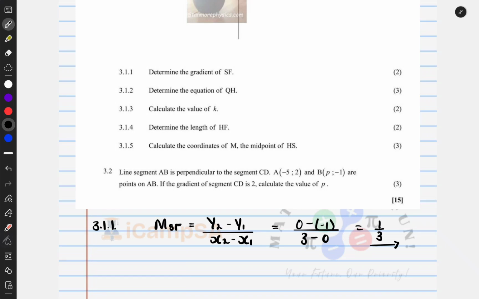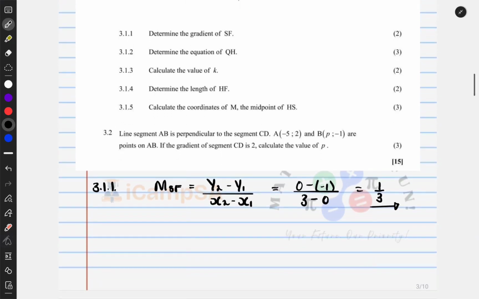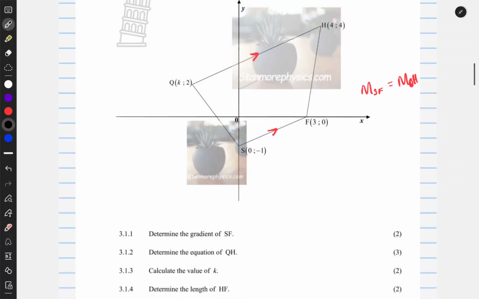That is your gradient. Then for 3.1.2, we are asked to determine the equation of QH. As we've already mentioned, if the lines are parallel, the gradients are equal. So we already have the gradient, and QH is a straight line.